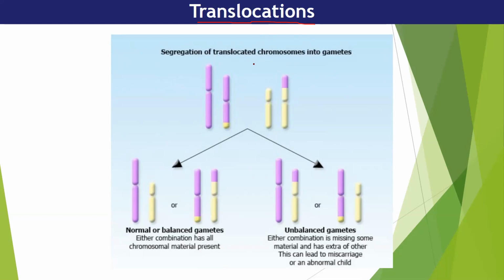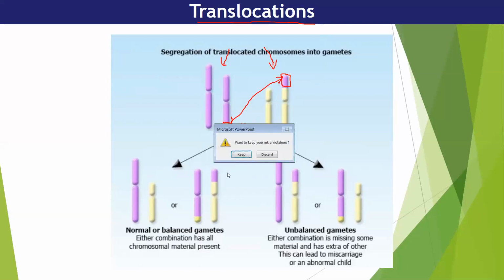But if the DNA exchange involves two different chromosomes, we use different colors to represent the two different chromosomes. As you can see, if there's a DNA exchange between the purple chromosome and the yellow chromosome, so the DNA content has been swapped between these two chromosomes, then this genetic event is named translocation.